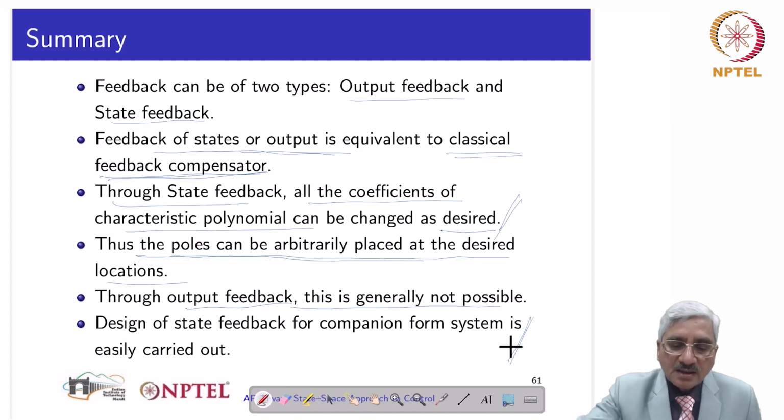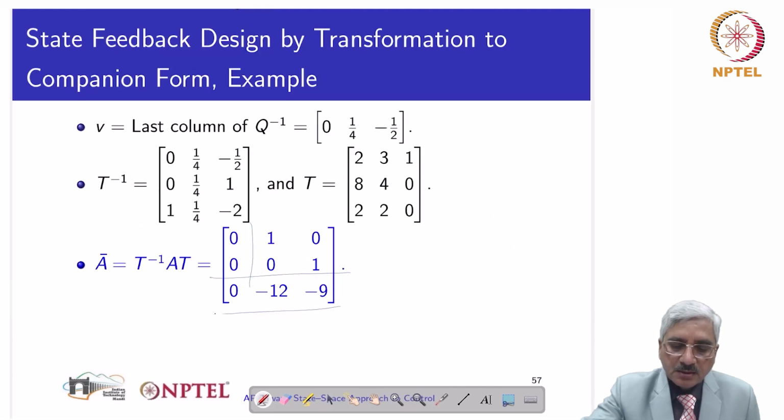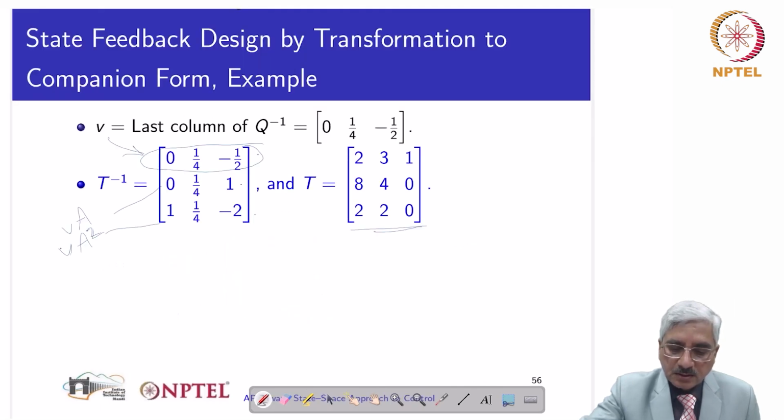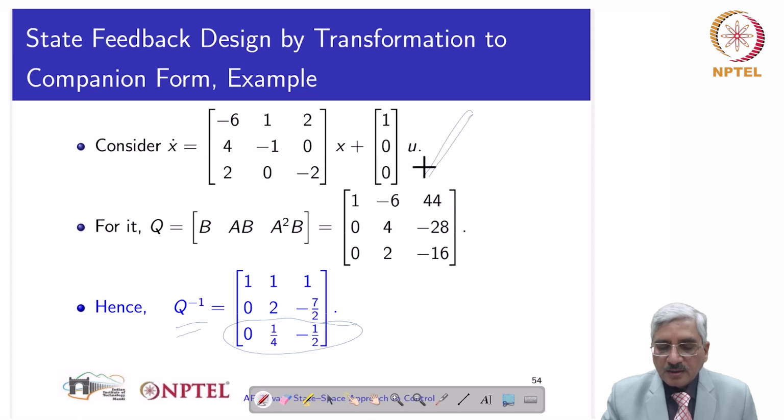Now as an exercise, I suggest that you work the same example which is given here, this system, and do the design of the state feedback controller with a different desired characteristic equation.